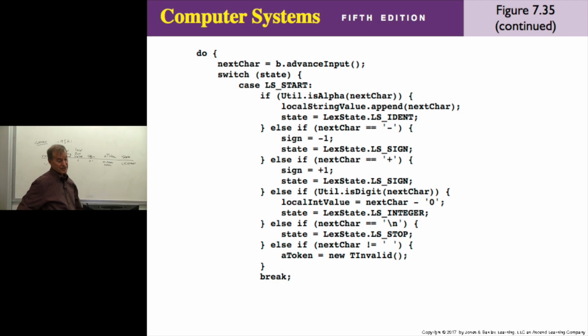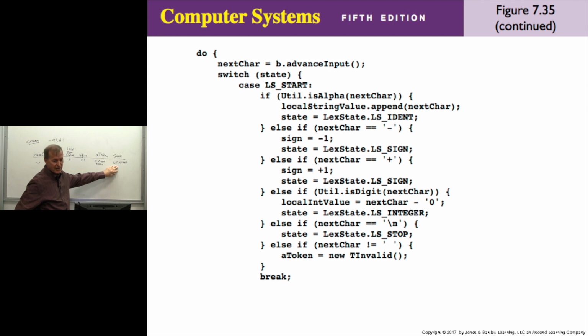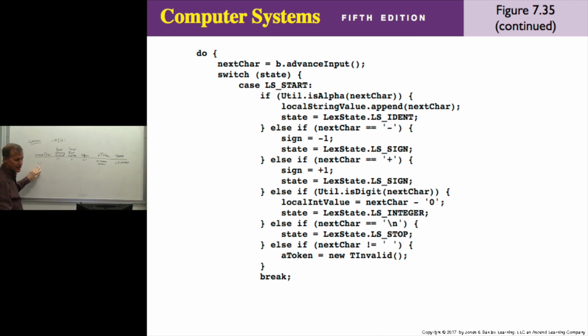And now the rest of this stuff should look kind of familiar because it's like what we did before. Case ls start. Are we in start? Yes. If utility.alpha of next char, is alpha? No. Else if next char is what? Is it hyphen?